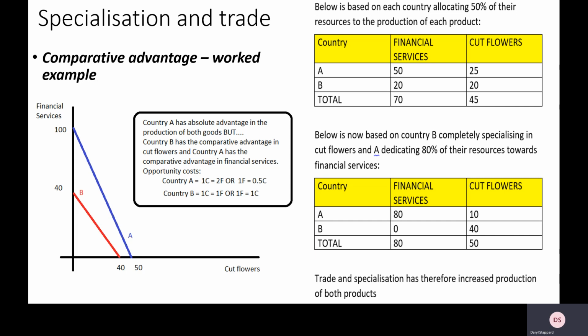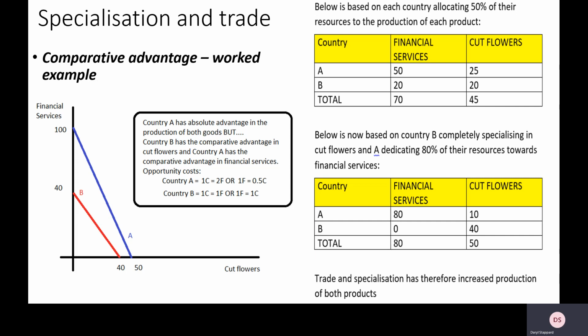But this isn't right. Now, to do this, we've got to be looking at the opportunity cost. So, for example, country A, for every cut flower they produce, they will sacrifice 2 financial services. So look at that. Cut flowers 50, finance is 100.